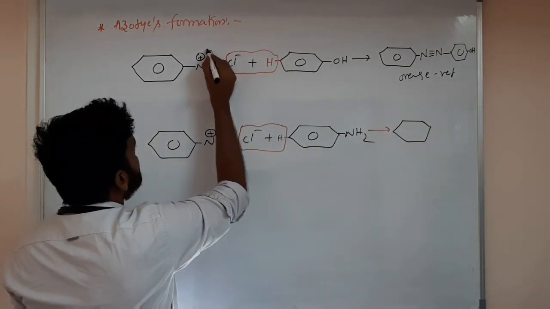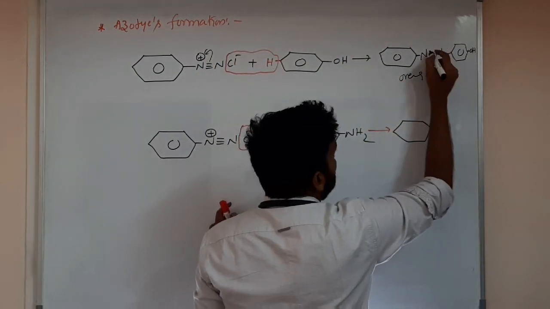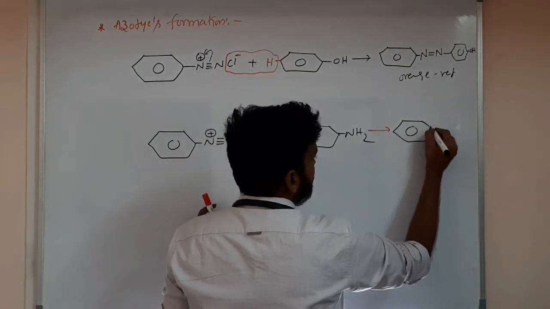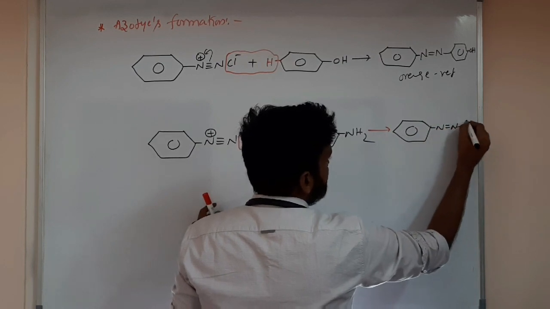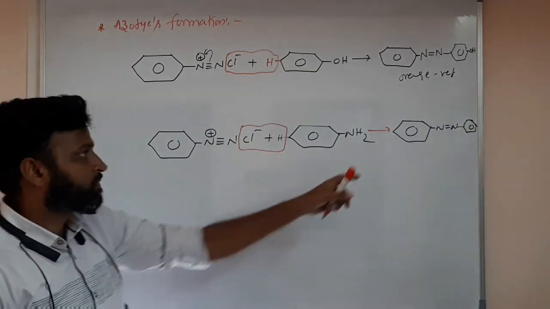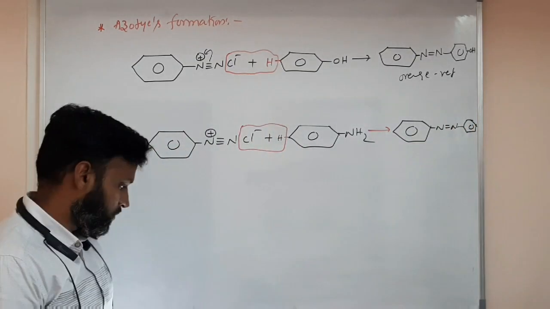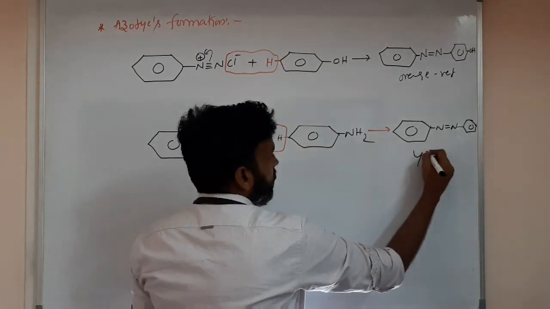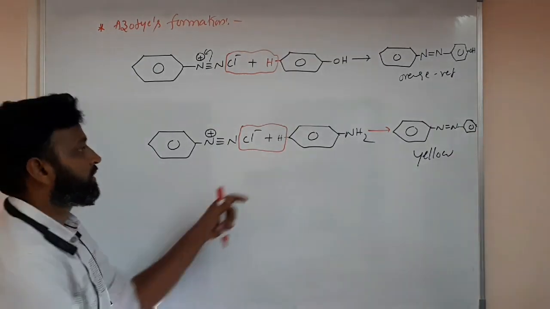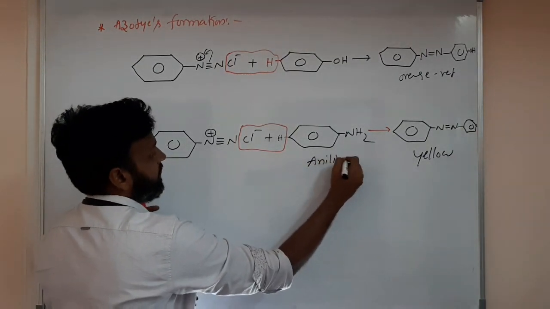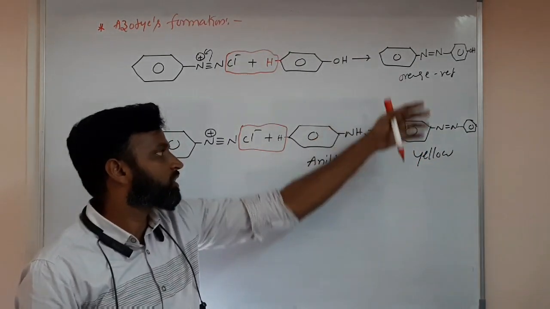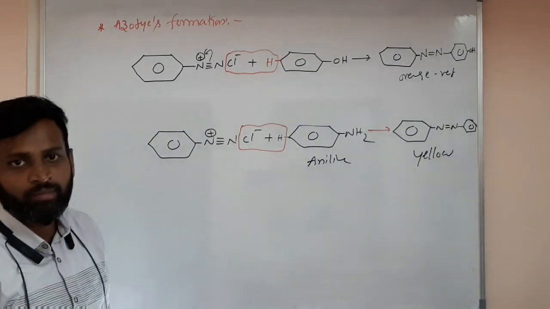This bond will migrate, so you have double bonds, and total nitrogen has 3 bonds. Here you have N double bond N, C6H5, and NH2. This is yellow color dye. When aniline reacts with diazonium chloride, they may ask the dye color or the substance. So these are very important.